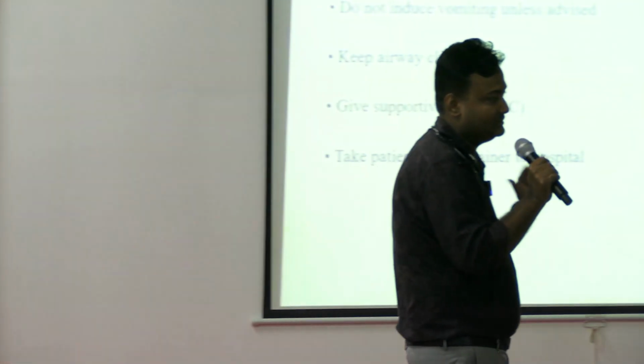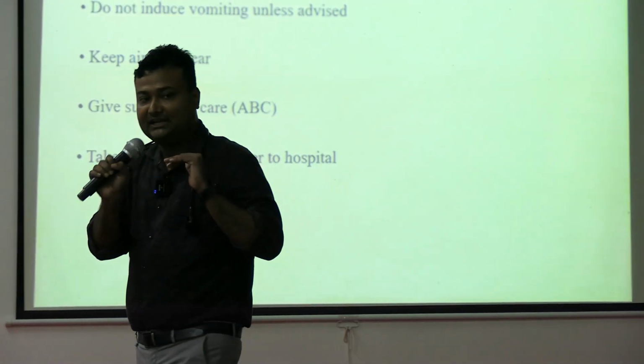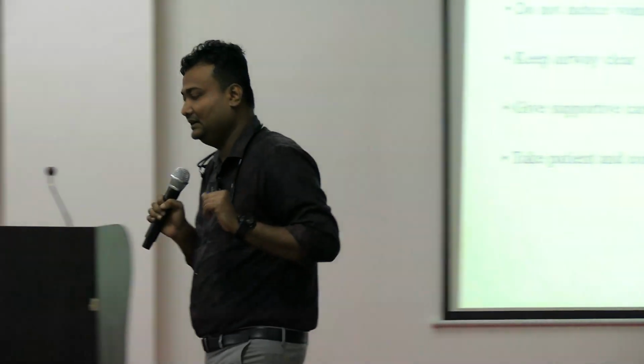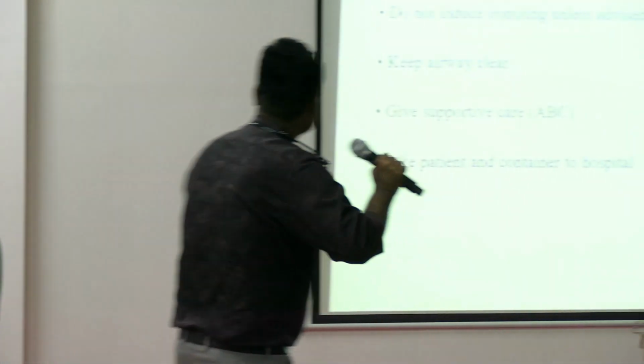Ideally, there should be provisions that people should carry the container. Which poison is that? It is important to give the poison antidote. So first aid in poisoning is, you have to identify the poison.